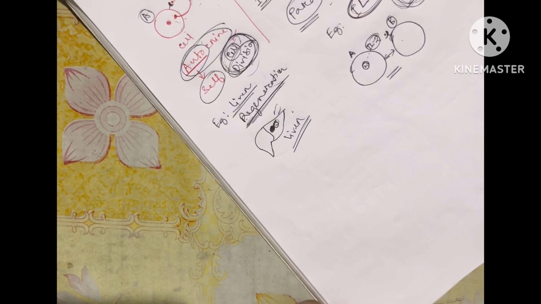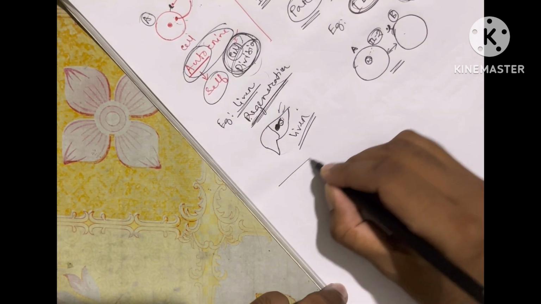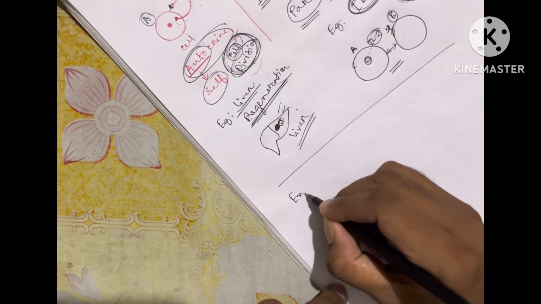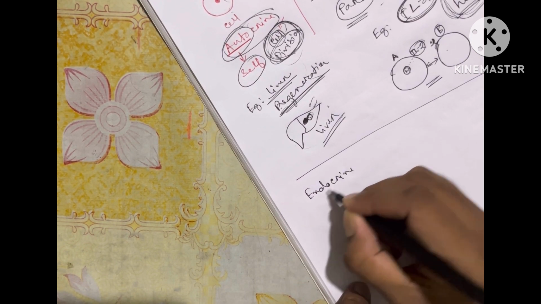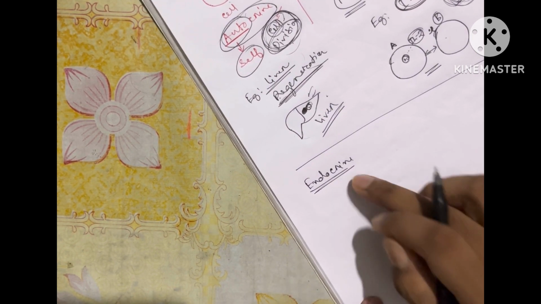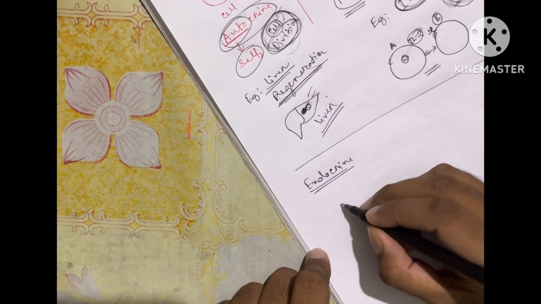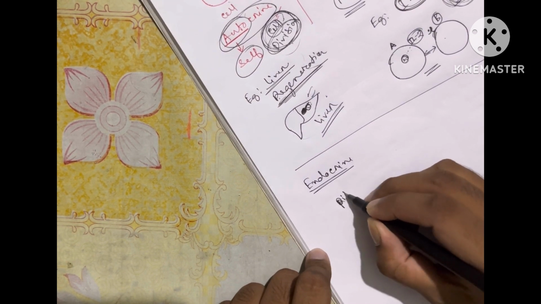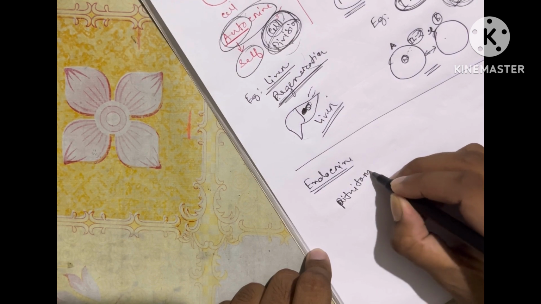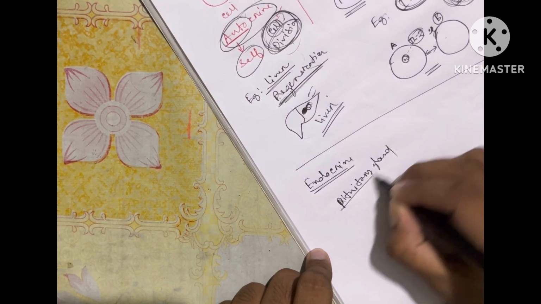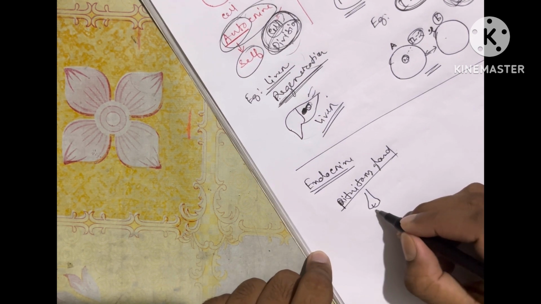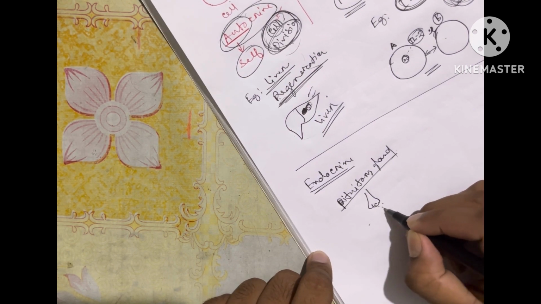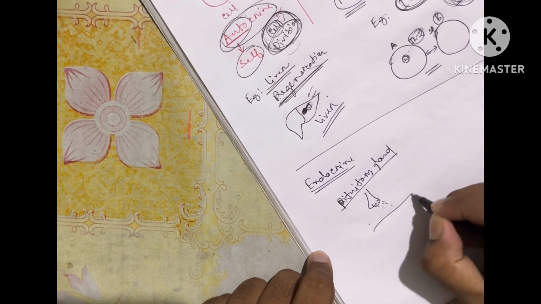Then next one is endocrine signaling. In endocrine signaling, what happens? From our pituitary gland, for example, suppose this is our pituitary gland, it secretes some hormones into blood vessels.